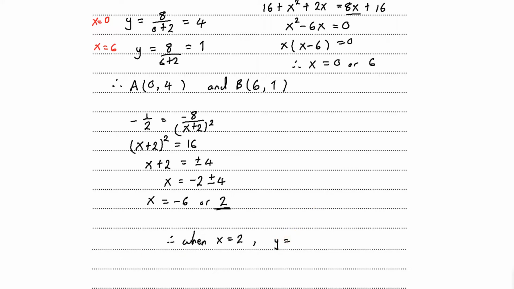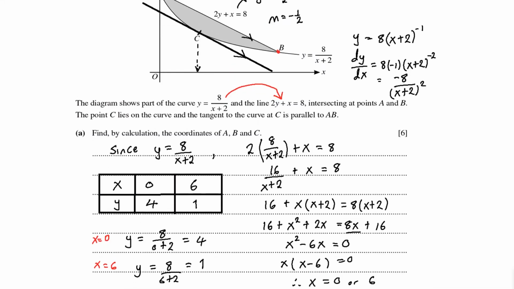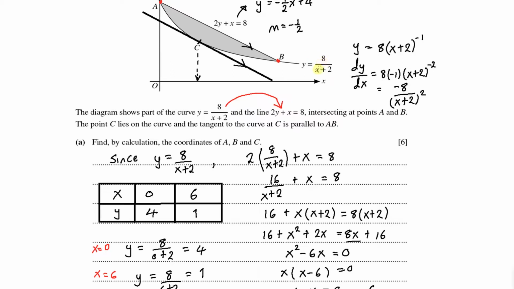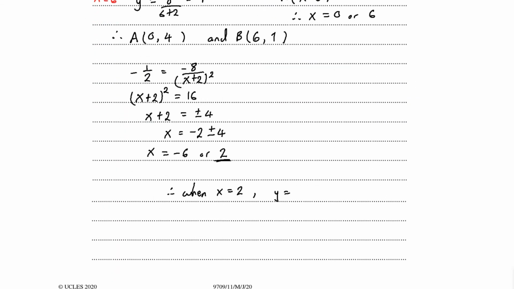The equation of the curve is y is equal to 8 over x plus 2. So we'll substitute the x value 2 into that. So y will be 8 over 2 plus 2, which is basically 8 over 4, which is 2. So therefore, the coordinates of C are going to be 2 and 2. And that's our answer here.